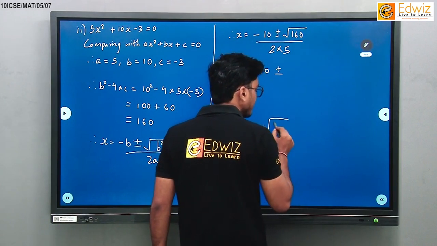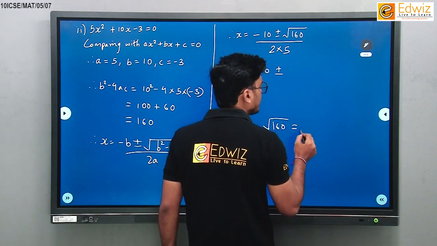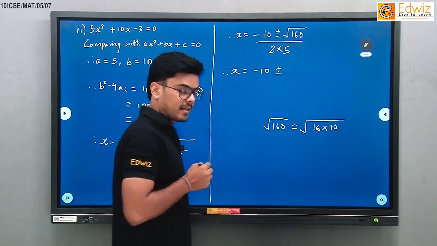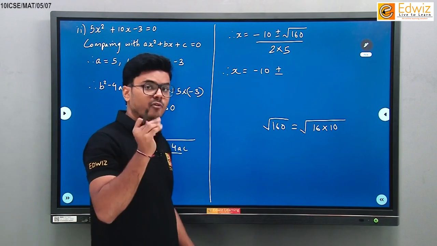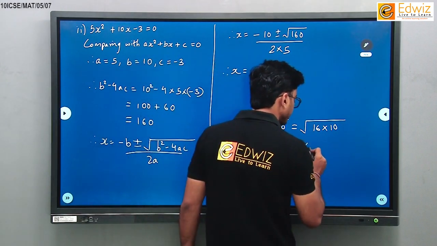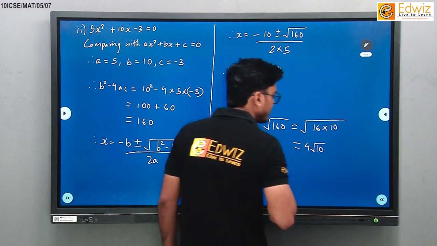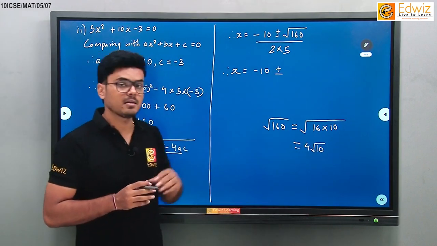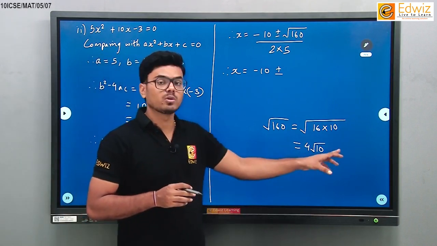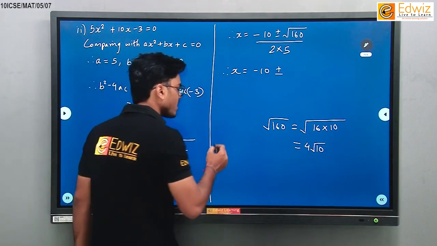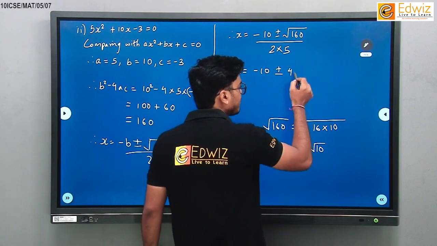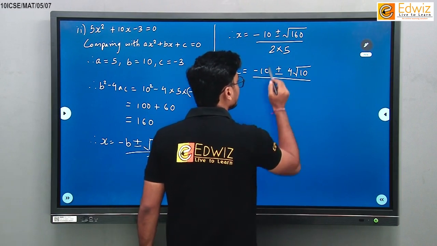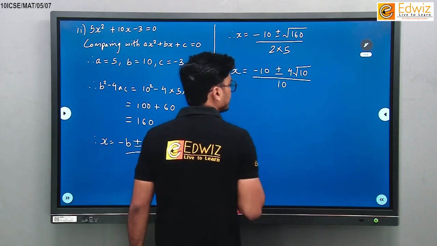Now root 160 can be written as root of 16 into 10, correct? But we know root 16 is 4, so I'll take it outside and only root 10 will be left behind in the bracket. Now let us find the value of this root 10 so that we know what is 4 root 10. Let me write this as 4 root 10 divided by, here you have 2 into 5, that is 10, correct?